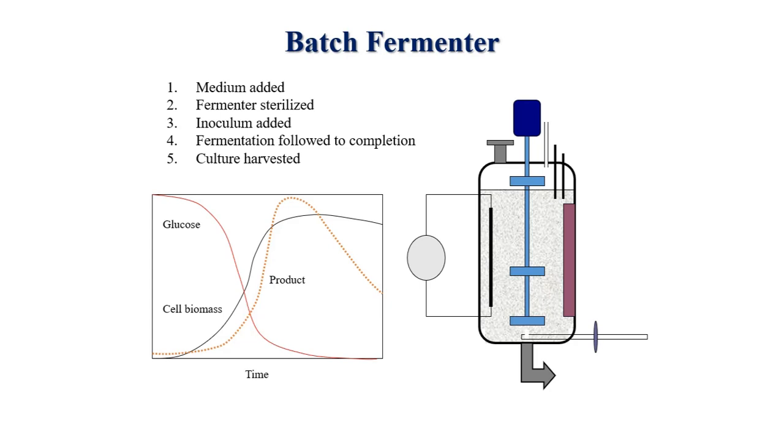A batch means that at one time we prepare the media and sterilize it, pour the media into the fermenter, and fit all the components of the fermenter. Then the inoculum is added to the fermenter, and the fermentation process starts.